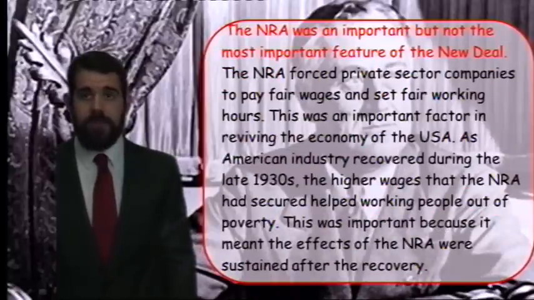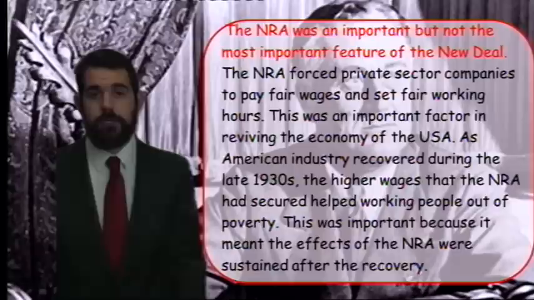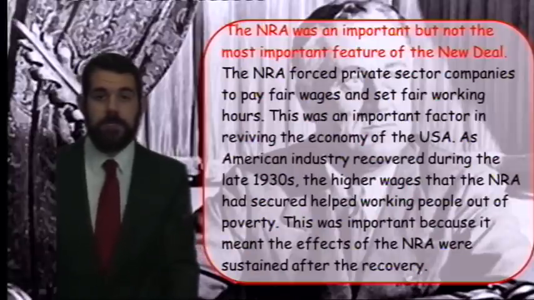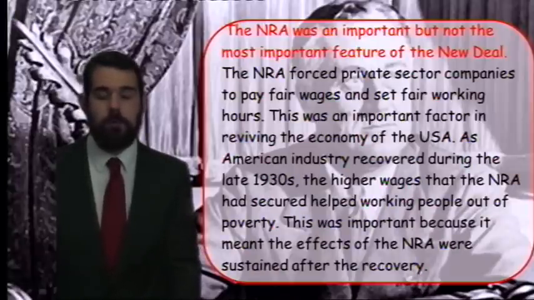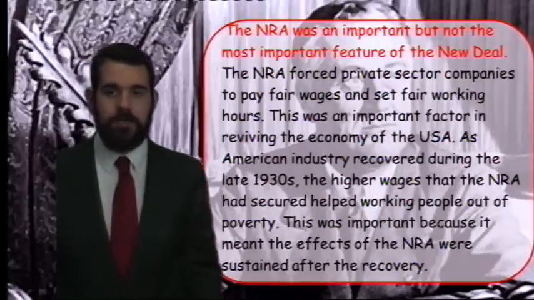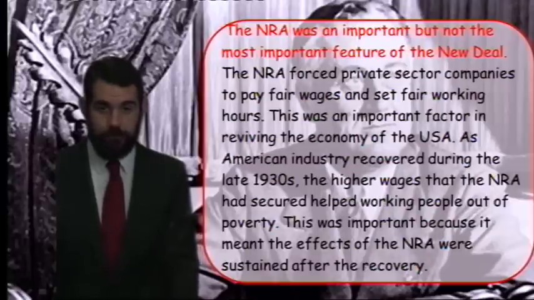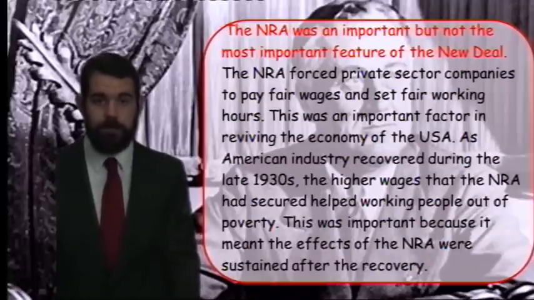So, the NRA was an important but not the most important feature of the New Deal. My topic sentence immediately sets out that there's a sense of relative importance here. It's more important than some, it's less important than others. I then give some detail on what the NRA does and how that's going to be important as part of the New Deal. If you've not read it, pause it, read it, and then move on.